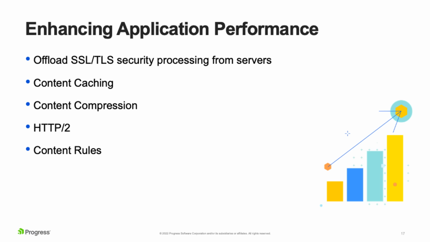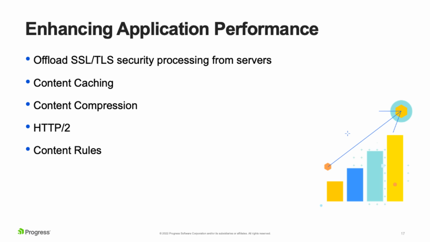HTTP2 offers quite a lot of benefits in terms of performance, how efficiently connections are managed, and content is multiplexed over single connections. So again, we can act as an HTTP2 to HTTP 1.1 gateway, taking some of those legacy applications that don't support HTTP2 natively and making them more efficient.